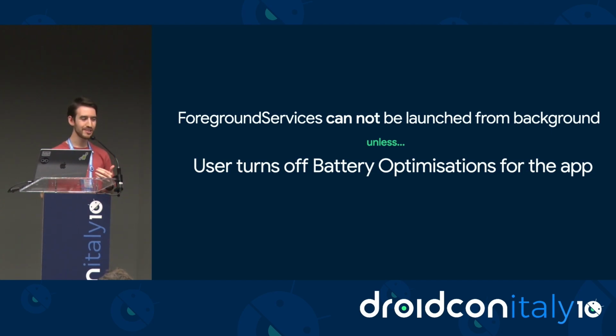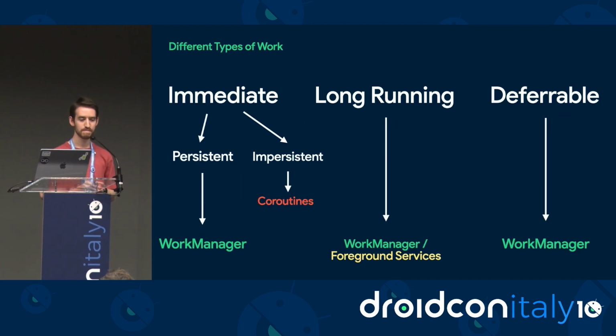This varies by vendor of the device, but at least on Pixel devices, you can ask if you really want the user to disable battery optimization for some feature. If the user is okay with that, you can do a little more, let's say, in background.